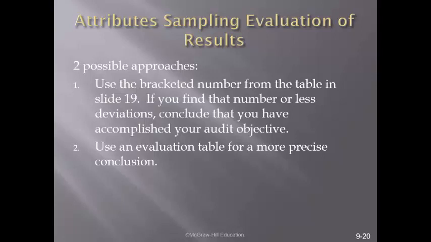On the other hand, when the number of deviations in the sample exceeds the allowable number of deviations, the auditors conclude that the population's deviation rate exceeds the tolerable deviation, and therefore they generally increase their assessed level of control risk. We will illustrate the second approach in a future slide.